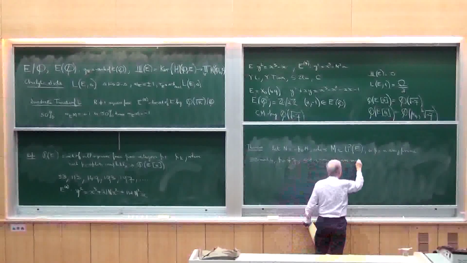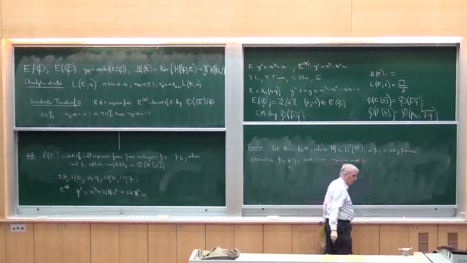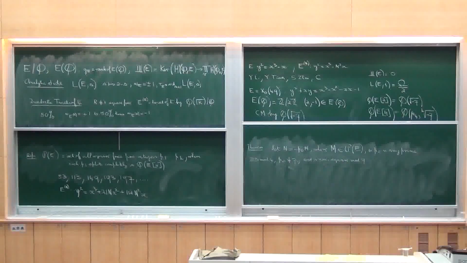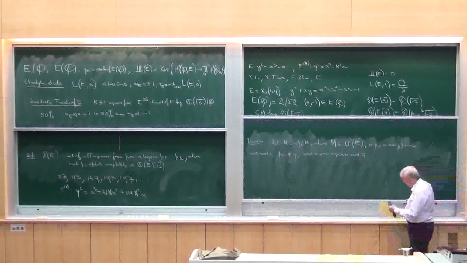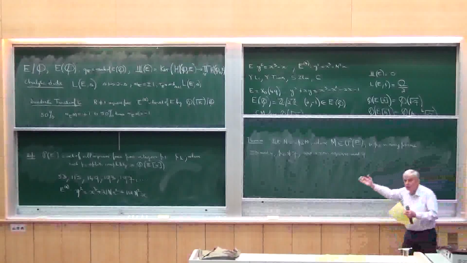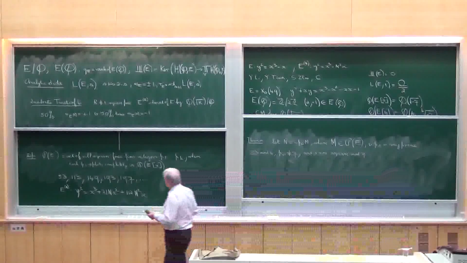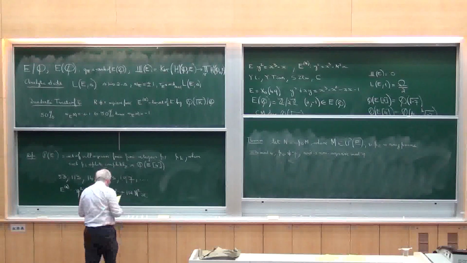Modulo 7. So this is a set we're going to work with. In fact, the set of such n's will be the set that I call N of E in this case.